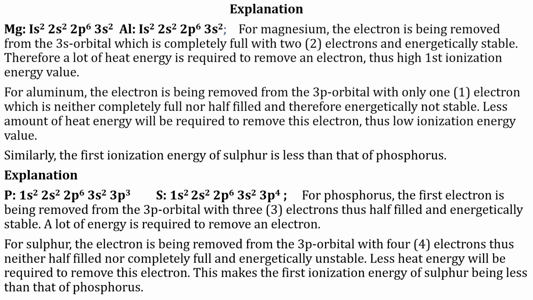So if you are to look at the reason why magnesium is having a higher ionization energy than aluminium, I said when you're comparing two elements, you write their electronic configurations. If you look at the electronic configuration of magnesium compared to that of aluminium, you'll find that aluminium has neither a half-filled nor a completely filled energy level.